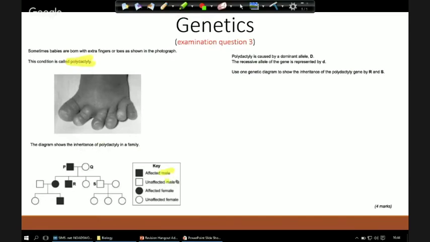We've got our male and our male, our female and our female, and some are unaffected and some are affected. For the question, polydactyly is caused by the dominant allele, capital D. The recessive allele of this gene is represented by little d. Use one genetic diagram to show the inheritance of the polydactyly gene by R and S.